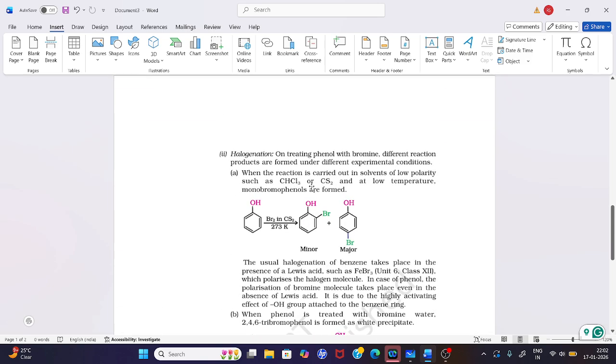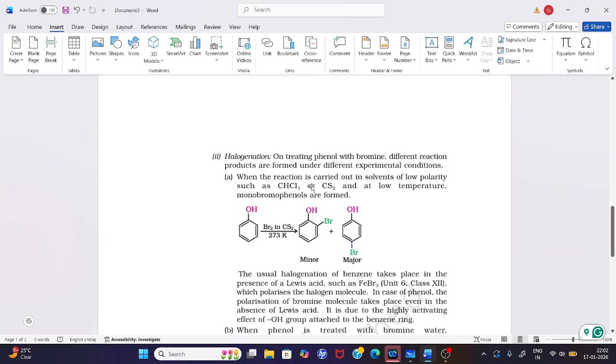So this halogenation. There is a particular special thing about this halogenation. The usual halogenation of benzene takes place in the presence of a Lewis acid such as FeBr3, which polarizes the halogen molecule. But in case of phenol, the polarization of the bromine molecule takes place even in the absence of Lewis acid due to the highly activating effect of the OH group attached to the benzene ring.